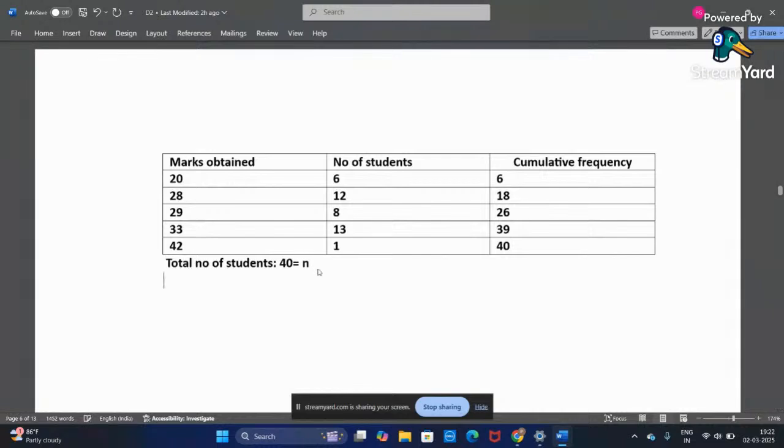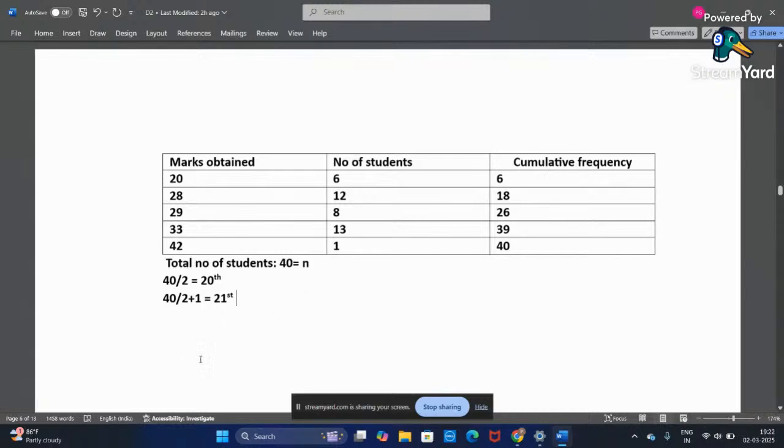So what you have to do? 40 divided by 2, we get the 20th term. In the same way, again, 40 divided by 2 plus 1, that means the 21st term. This is correct, right?